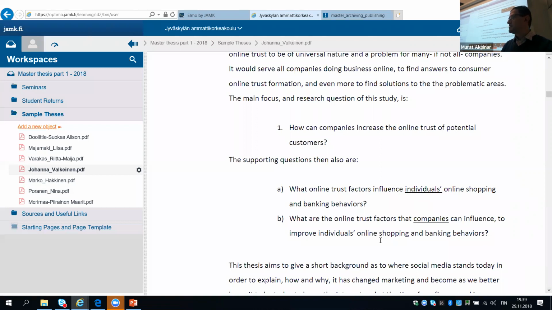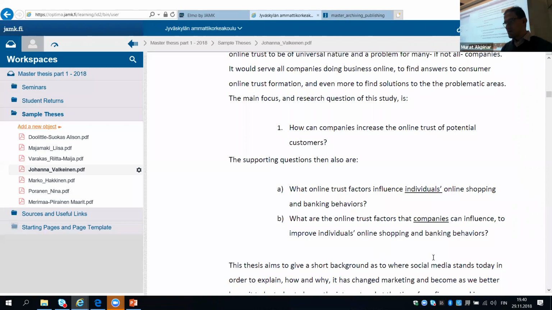It's the same, right? So A and B supporting questions are kind of the same. What factors influence individuals' online behaviors? What are the online trust factors that companies can influence? A bit overlapping, if not necessarily the same.